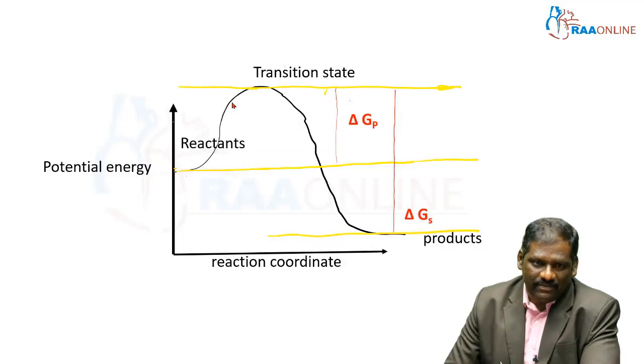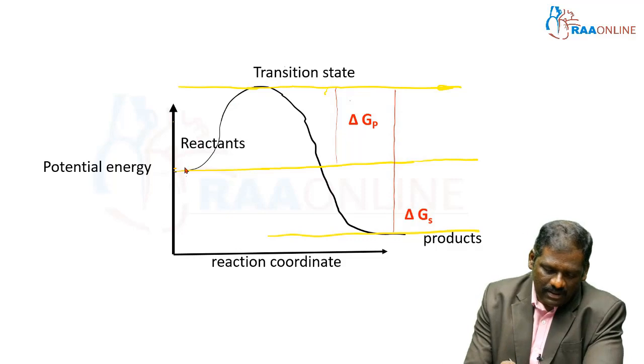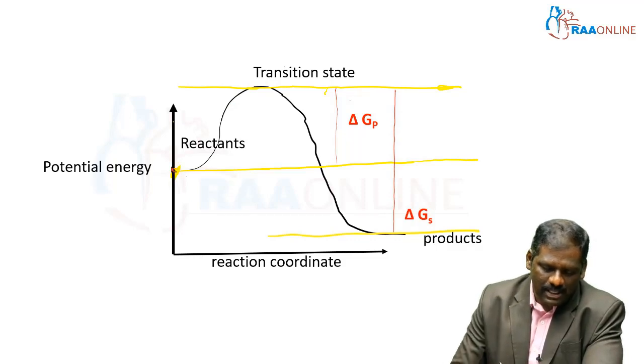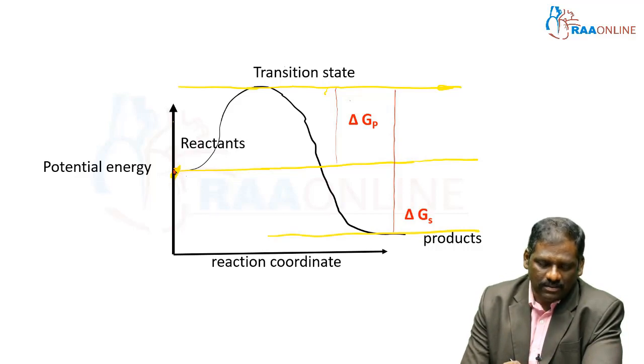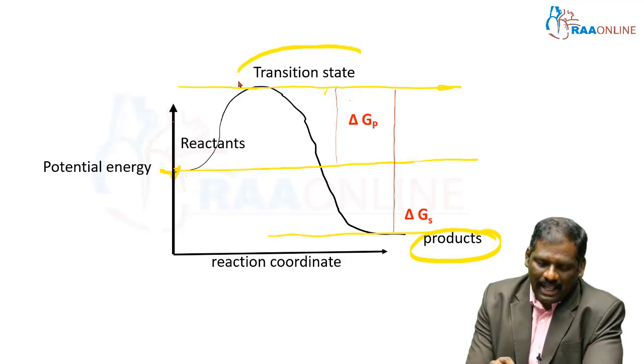Take this graph. In this graph, this point is the reactant. The reactant has a certain specific potential energy. Whenever this reactant has to get converted into product, it has to attain a much higher energy state called the transition state.